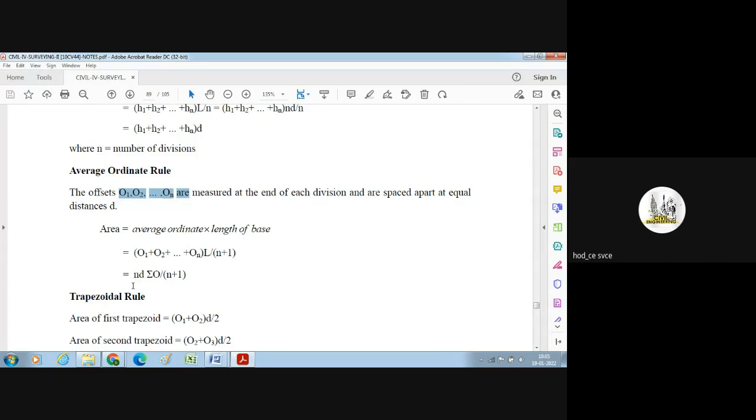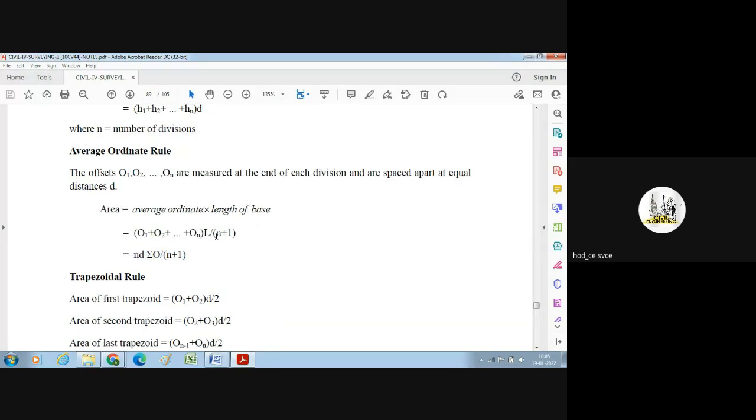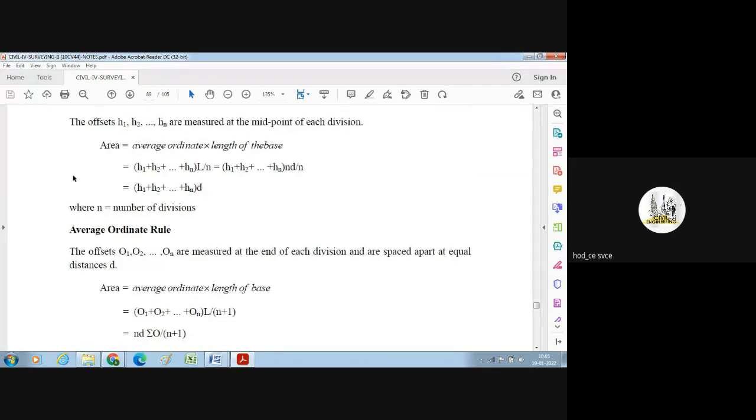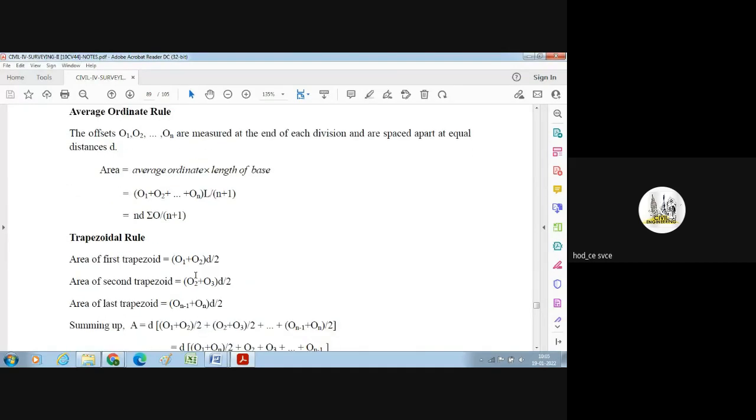That means area is the summation of O divided by N plus 1. So this is the average ordinate rule. We can use this formula directly and calculate the value.